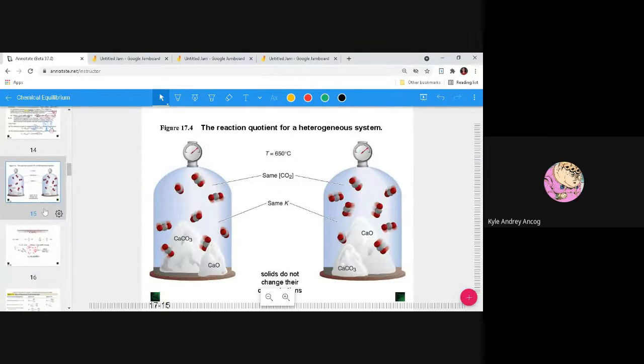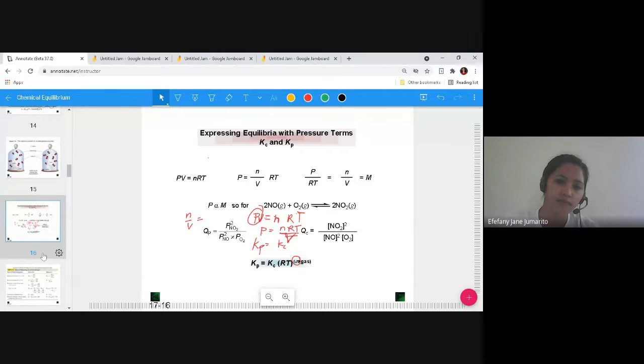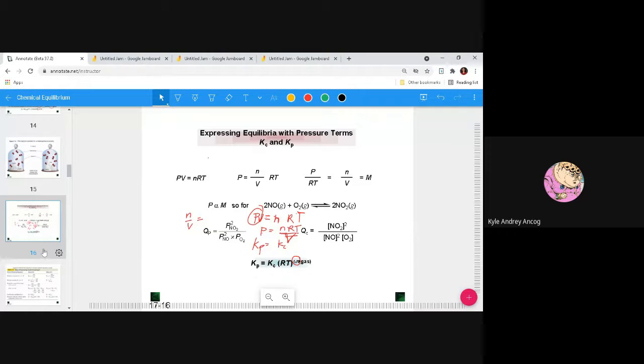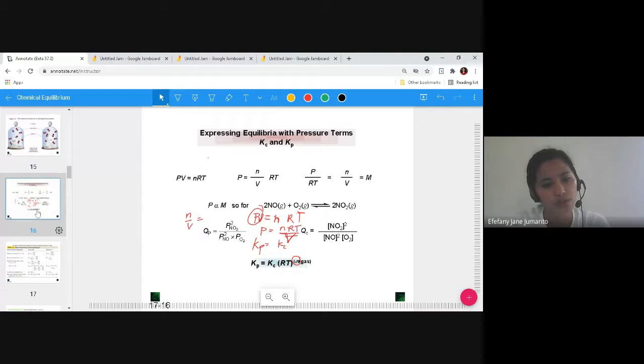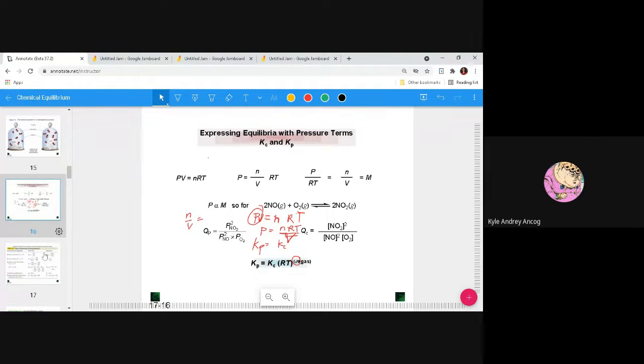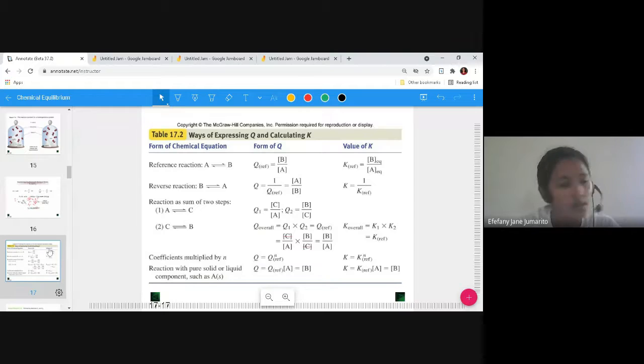Excuse me, ma'am. Yes. Ma'am, partial pressure is only applicable in the gaseous phase, right? When you talk about pressure, so KP, QP. Yes, ma'am. Partial pressure is applicable only to gases, not to aqueous solutions. What about the aqueous?